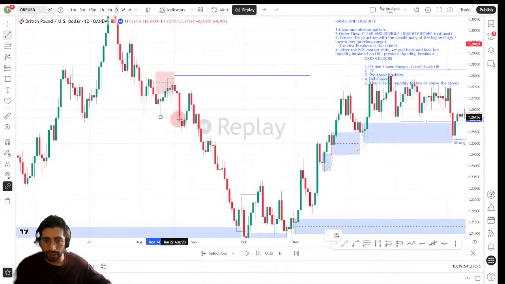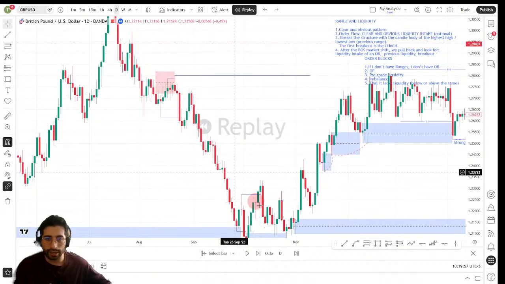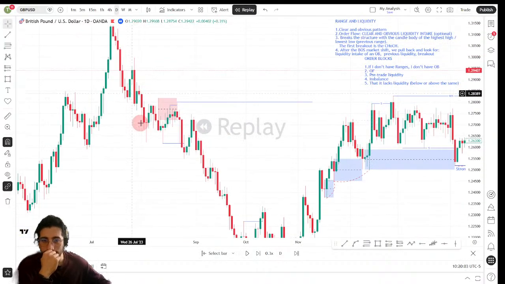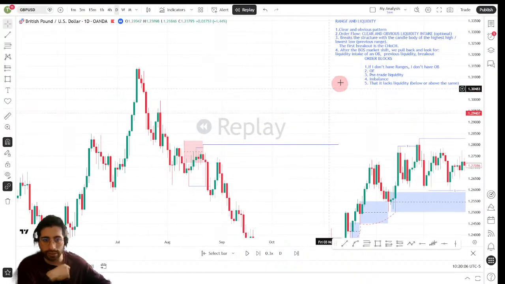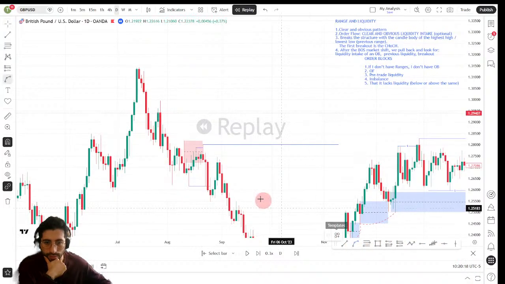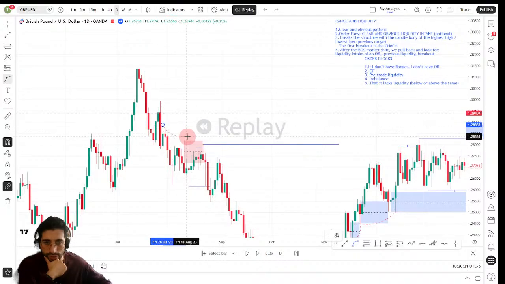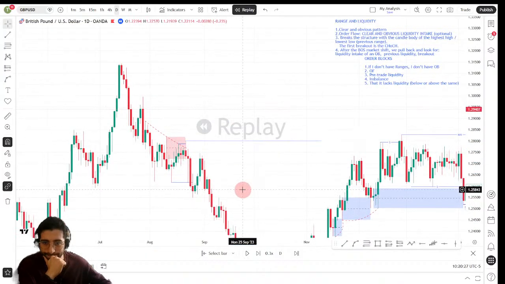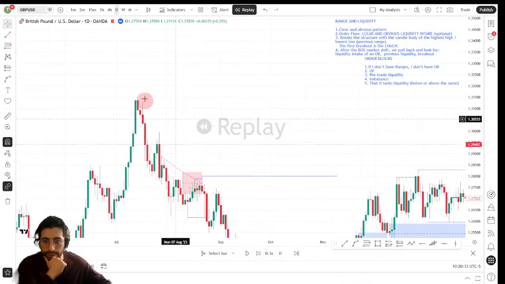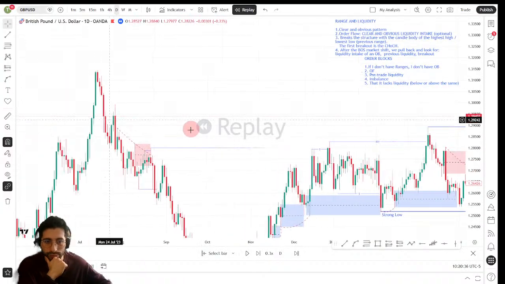So as the price gets closer to this high, I wouldn't take this as a reference point because it lacks liquidity below, in this case above, right? Because it does have liquidity. Look, all these highs that you're watching here are liquidity, money trapped here, right? Maybe this order block, but no, it doesn't have imbalance. So maybe this one could be a reaction point, or this one is the one I like the most.